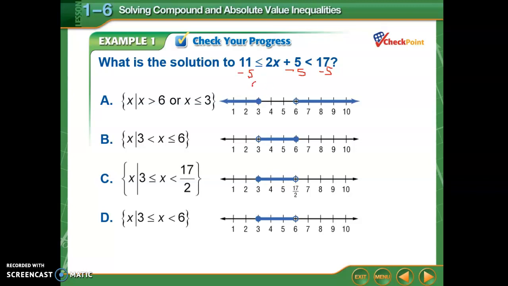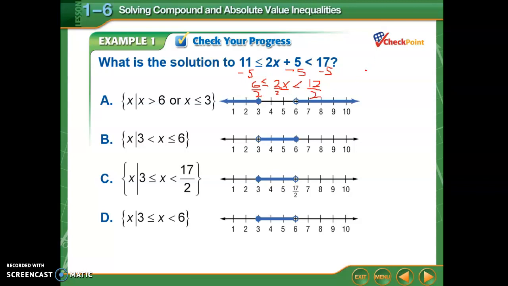That will give me 6 less than or equal to, bring down the 2x, less than 17 minus 5, which gives me 12. Then divide everything by 2.